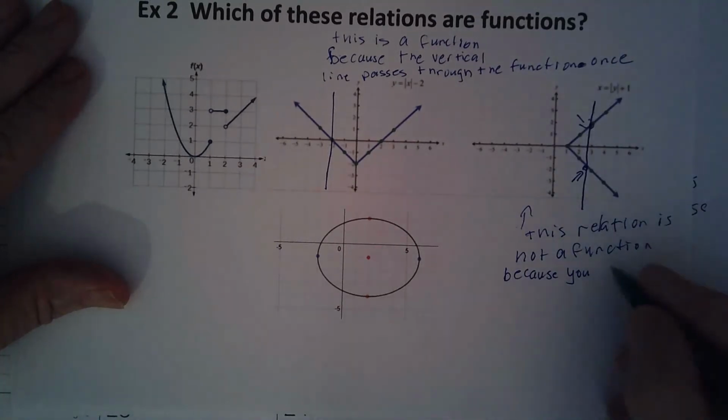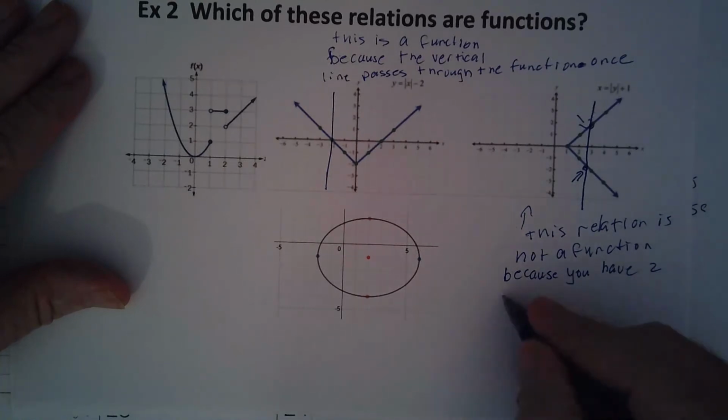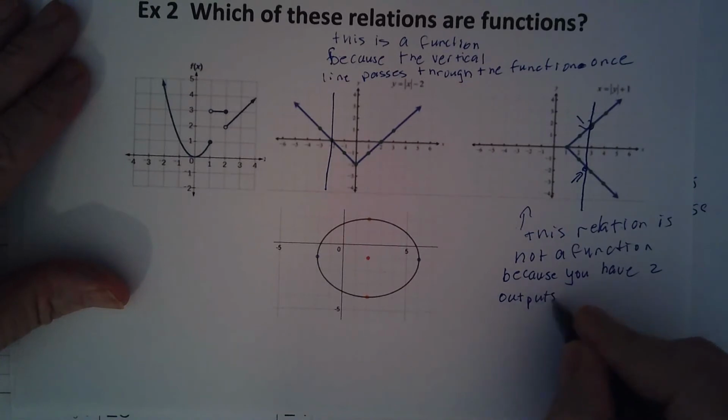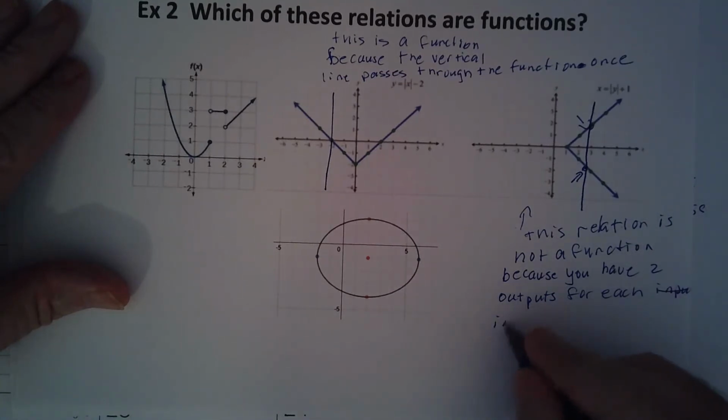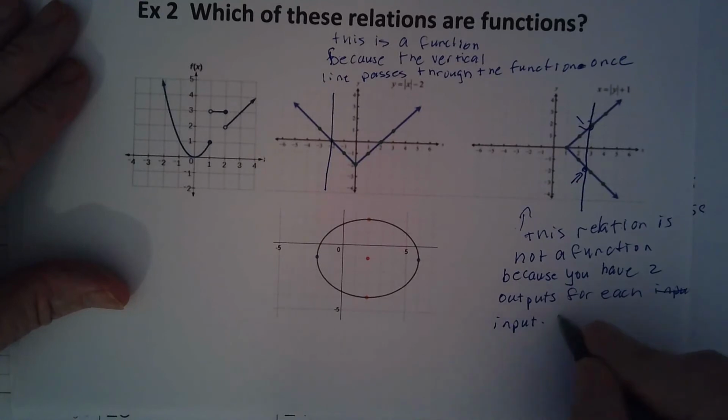So because you have two outputs for each input, the vertical line test fails.